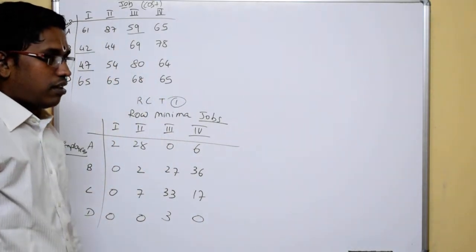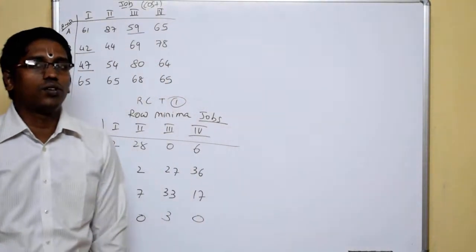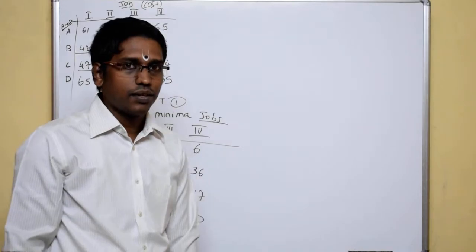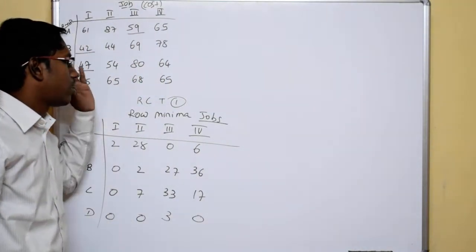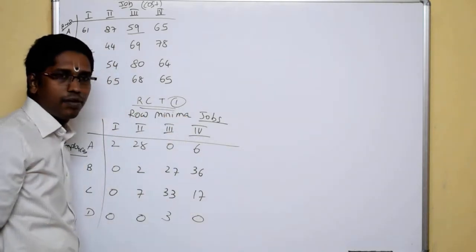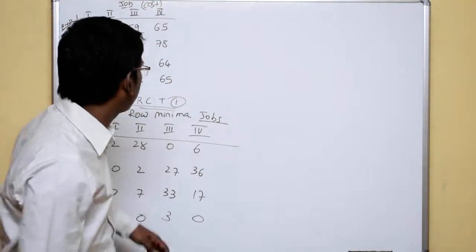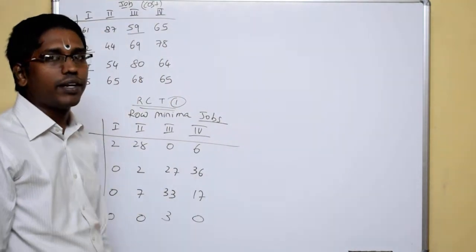Alright. This is a crucial step wherein you need to cover all zeros with the minimum possible lines. First of all, in the very first reduced cost table, all the rows will definitely have at least 1 zero because we have done row minima. Look at the numbers carefully.